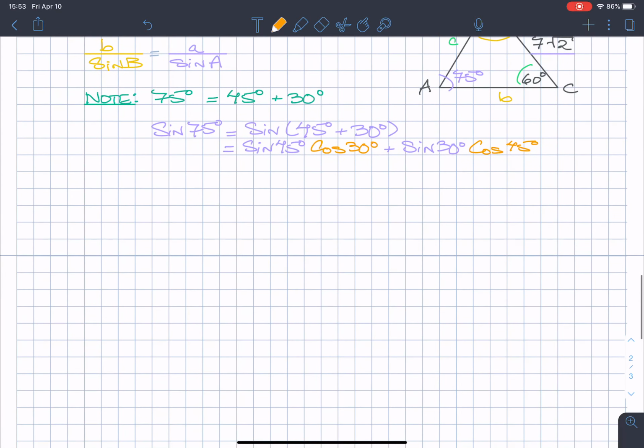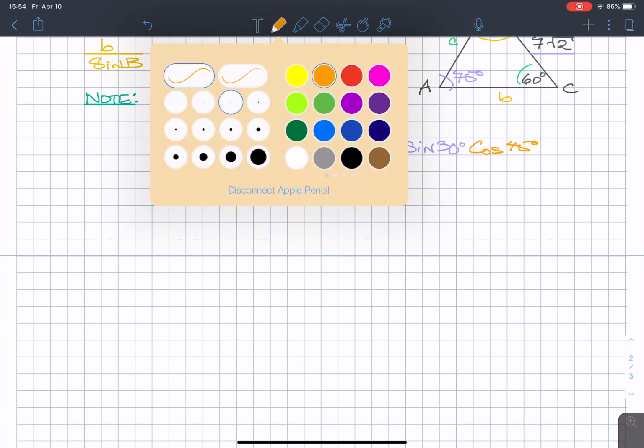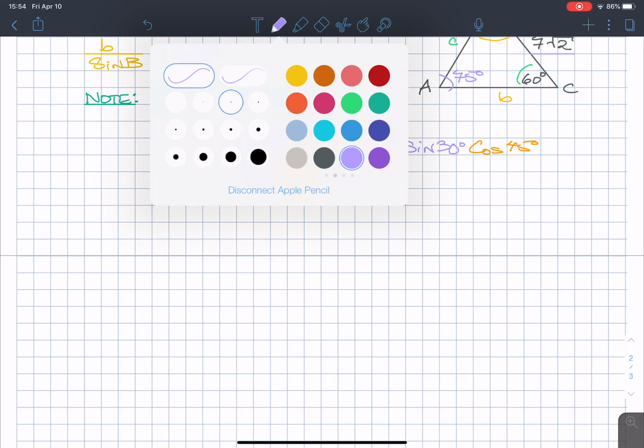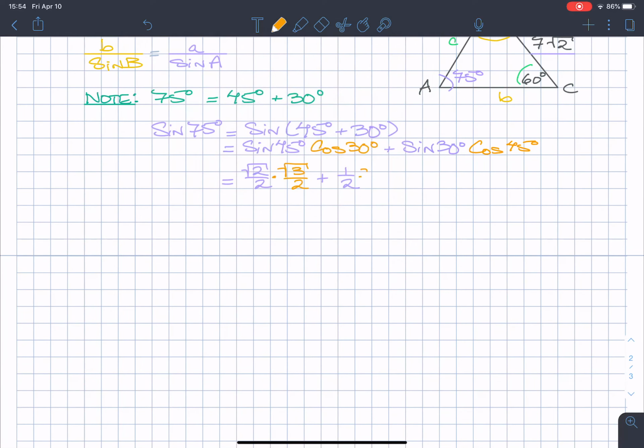Okay, so what do we have here? Sine of 45, of course, is the square root of 2 over 2. Cosine of 30, the longer of the two, is root 3 over 2. Plus sine of 30, the shorter, is 1/2. And cosine of 45 is the square root of 2 over 2.